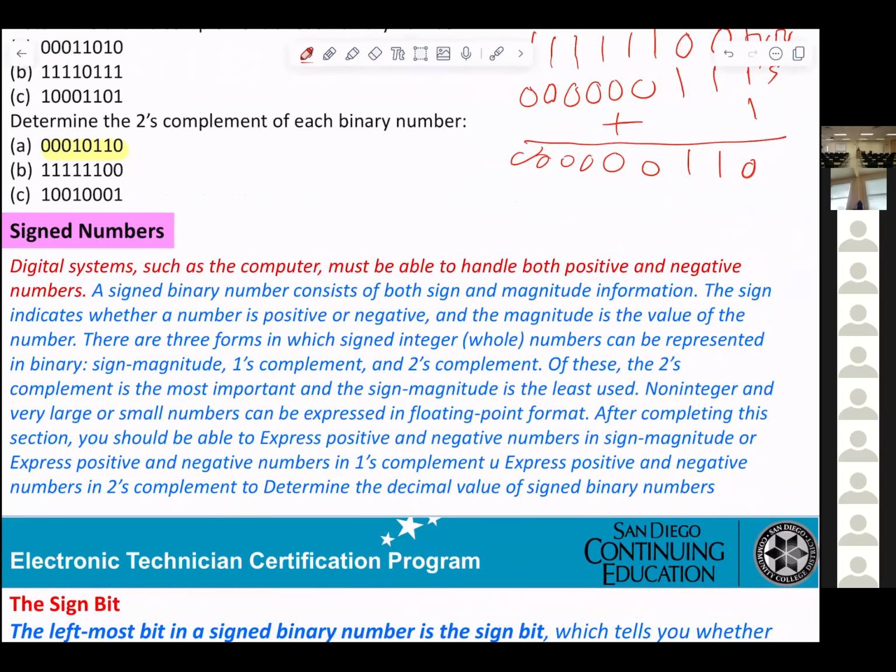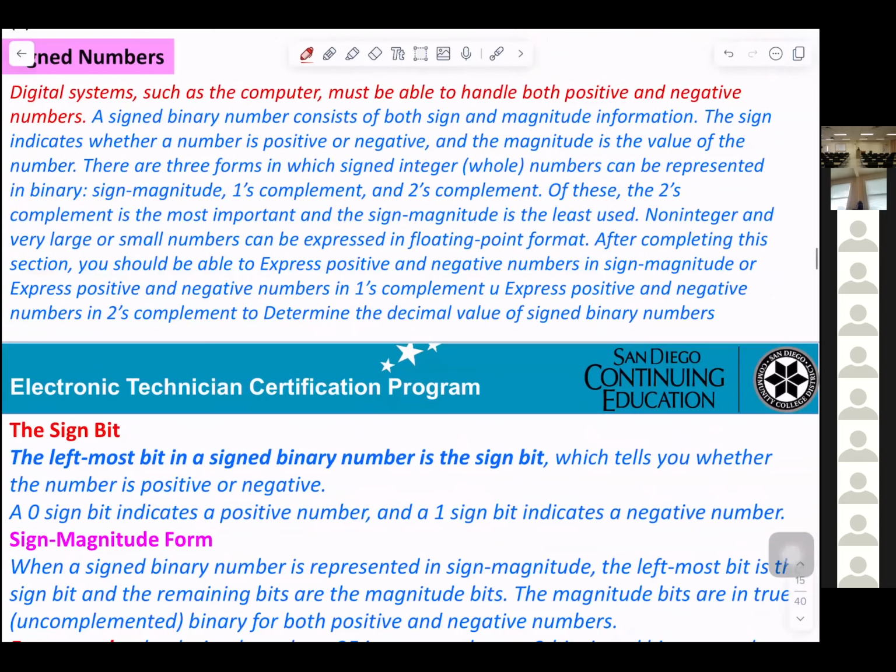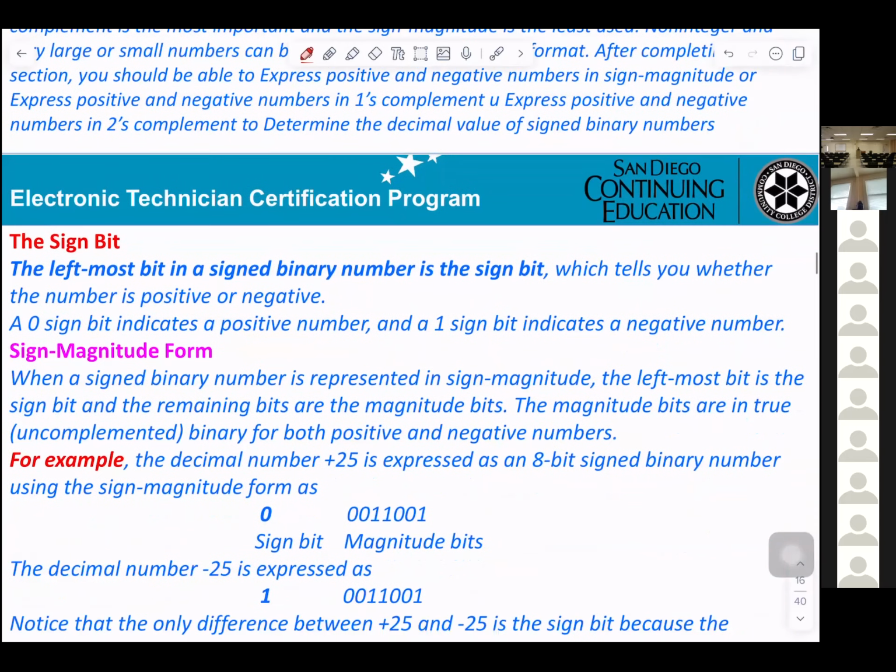Okay? Basically, this goes into more detail, and we don't need to go into too much detail on that. They are just telling you that in a digital system, like a computer, it must be able to handle both positive and negative numbers. So that's why they have the sign bit.